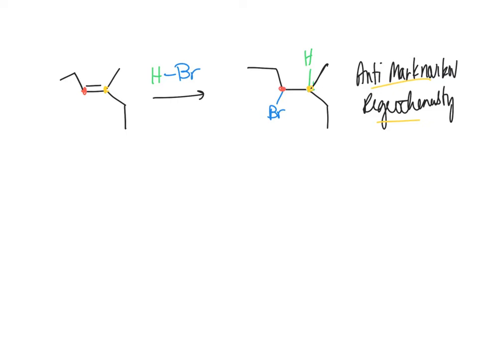So what happened was, it's a different mechanism because this old bottle of HBr generated peroxides. And now you can actually add hydrogen peroxide, or you'll see just peroxides. Okay, so a peroxide is an oxygen-oxygen bond, and it does a homolytic cleavage because this is a very weak bond.